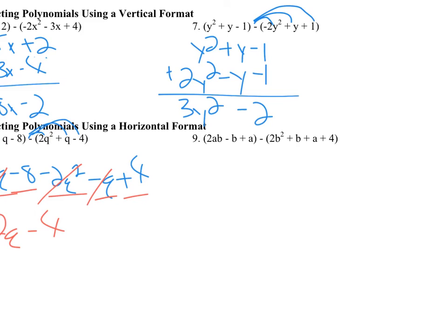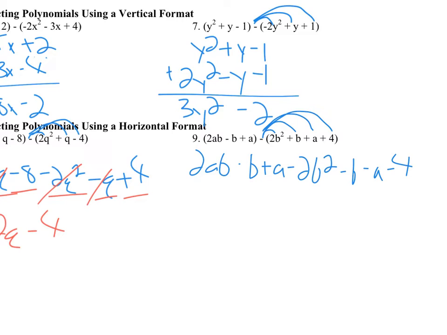And then number 9 here, so my first term, 2ab minus b plus a. Distribute the negative for the second term. It gives me negative 2b squared minus b minus a, and then a negative 4. Now we're looking for like terms.